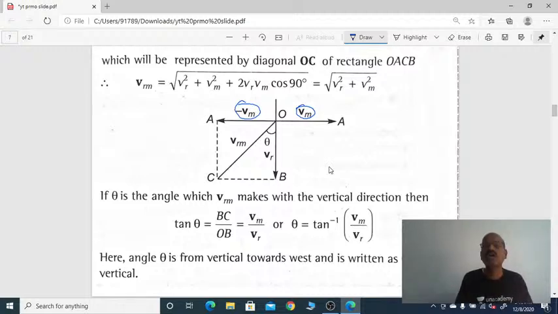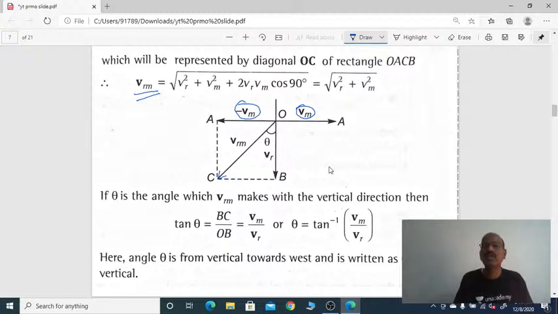Now it's easy to solve. The resultant velocity is drawn as OC, making an angle theta with the vertical. What is the resultant velocity? Make it a triangle and apply the Pythagoras theorem. The resultant is the square root of VR square plus Vm square plus 2 VR Vm cos theta, like F1 square plus F2 square plus 2 F1 F2 cos theta.